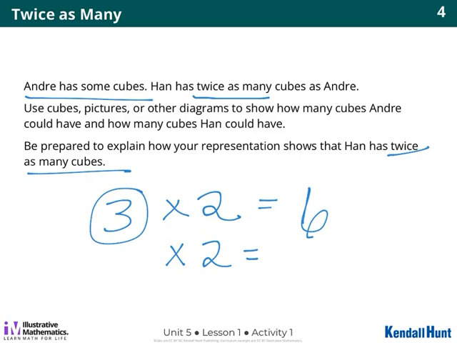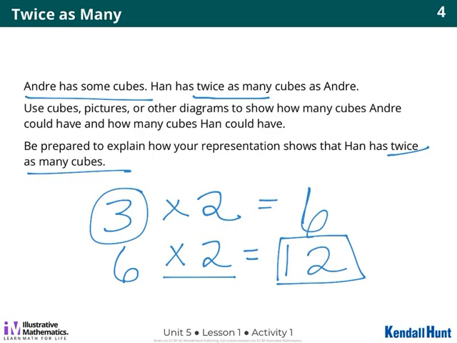Hadley? 12. So if Han has 12, then Andre would have to have 6, because 6 times 2 is 12. The number 12 is twice as many as 6.